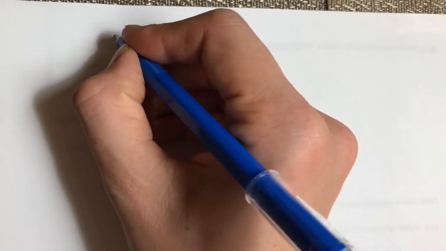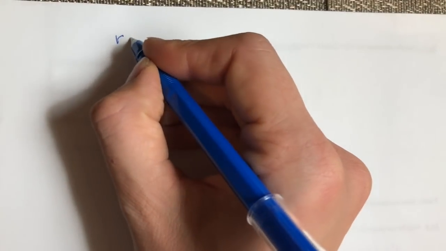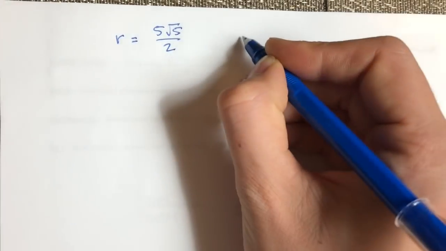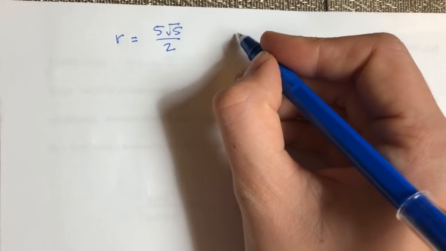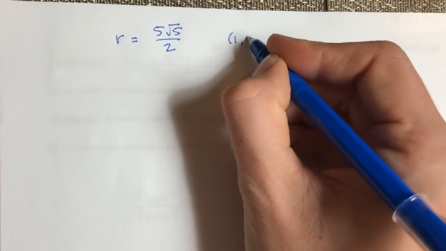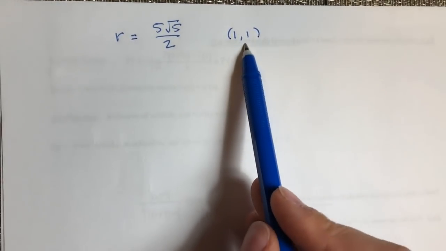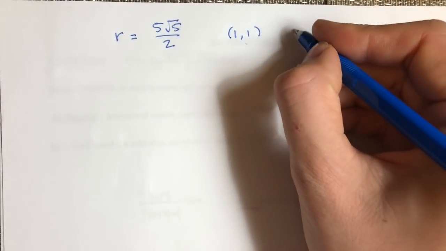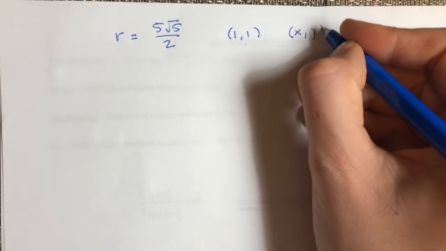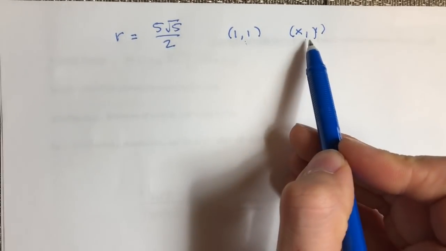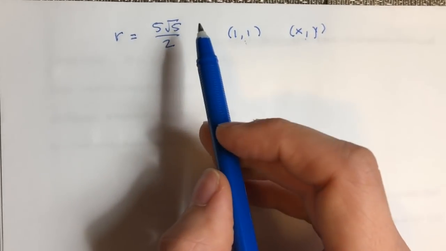Given that our radius is 5√5 over 2, and we know that a point on the curve and on the circle is (1, 1), we could use the distance formula to find the distance from this to the center, some (x, y). The distance between this point, which is on the circle, and the center of the circle should be the radius.